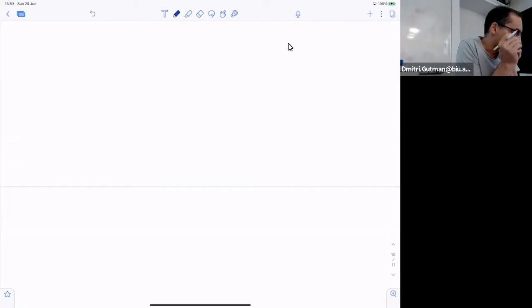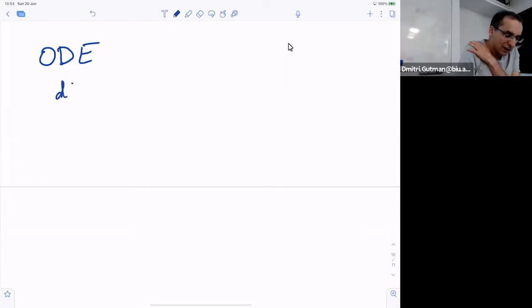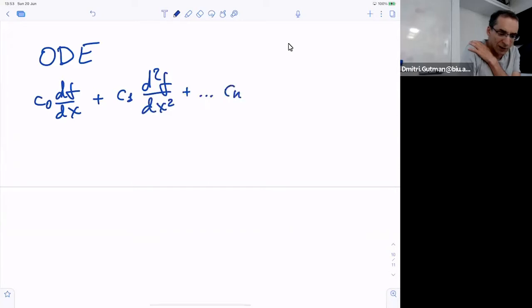differential equations. So assume that we have some ordinary differential equation in terms of function f, something that has terms like df over dx times some constant plus d2f over dx squared plus some other constant times dnf over dx to the power n.